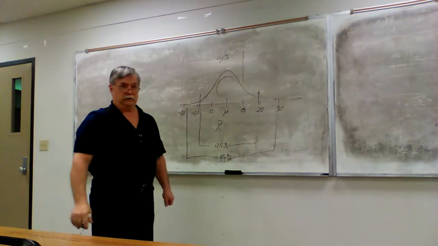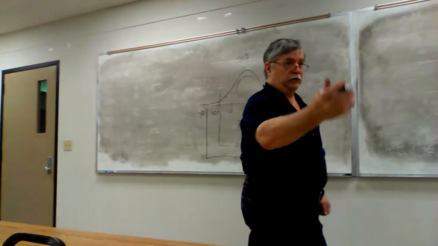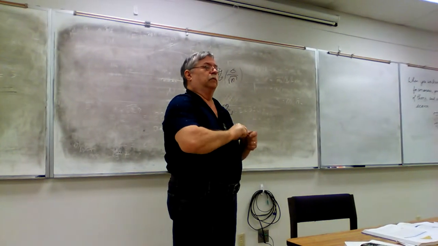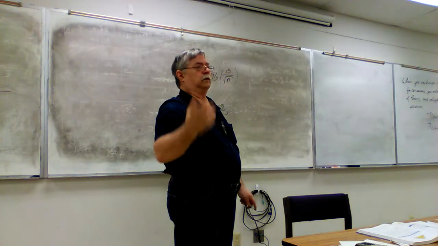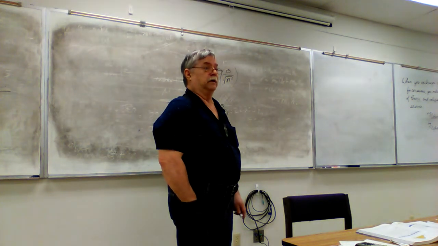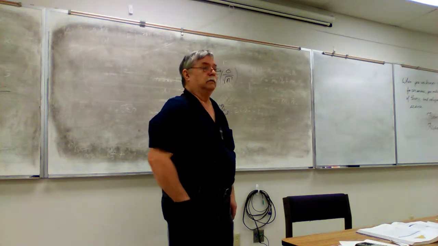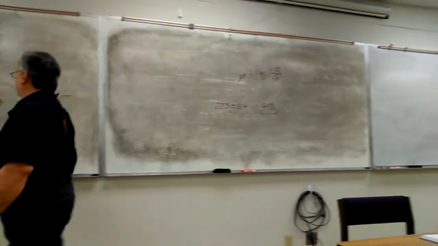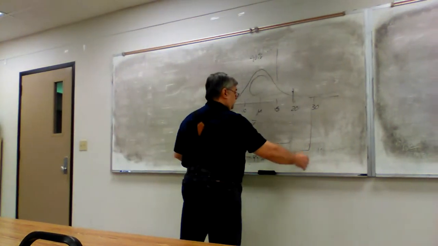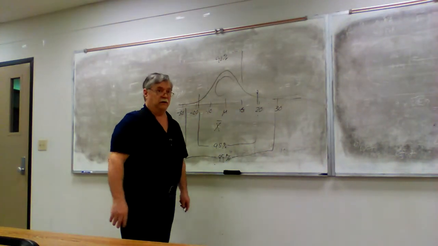A much smaller interval and still be 90% confident. But now there's a 10% probability that we're wrong. With this interval, there's a 5% probability that we're wrong. Even with this interval, there's still a 1% probability that we're wrong.